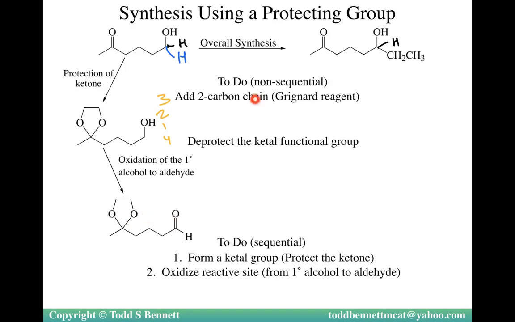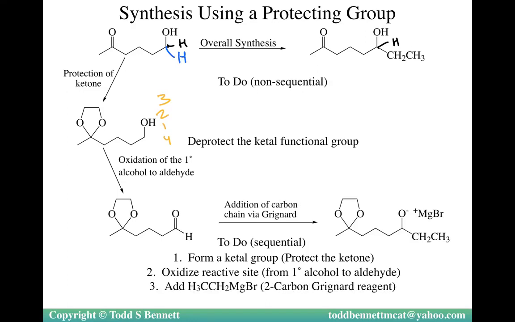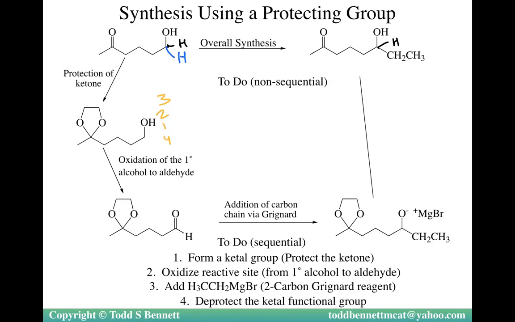Third on the list was add the Grignard. So a 2-carbon Grignard, MgBr with an ethyl group. And then last but not least, deprotect. Again, deprotection requires weak acid so it doesn't overreact with water. So let me get rid of my 1, 2, 3, 4 because we now have made them sequential. And now it's just a matter of what reagents we use.